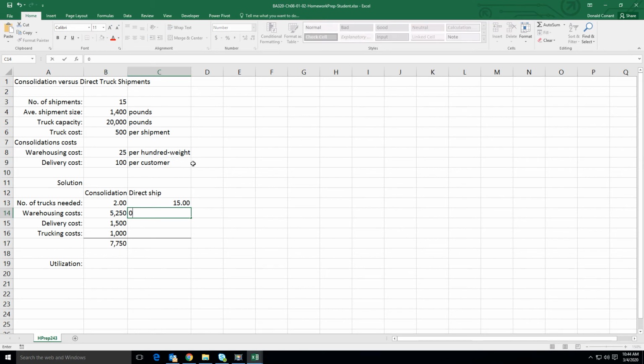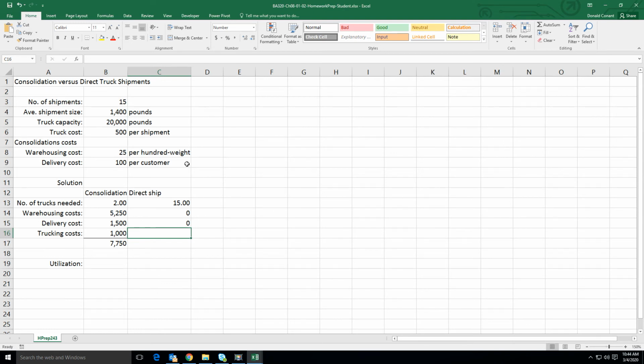And because I'm doing that, I'm not using any warehousing. Also, I don't have any delivery costs because I'm not going from place to place to place with the truck. I've got the truck. It's going to one destination. That's the customer who I'm dropping it off. And then it's going back. So it's not delivering along the way, but I do need to pay for the truck to do that.